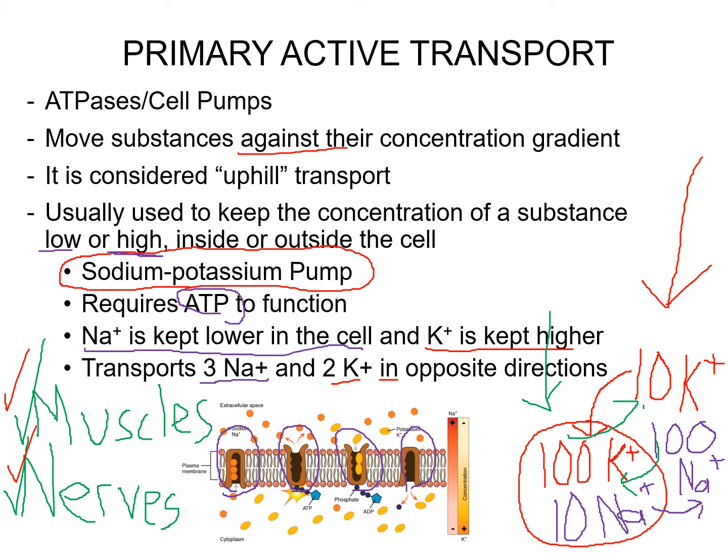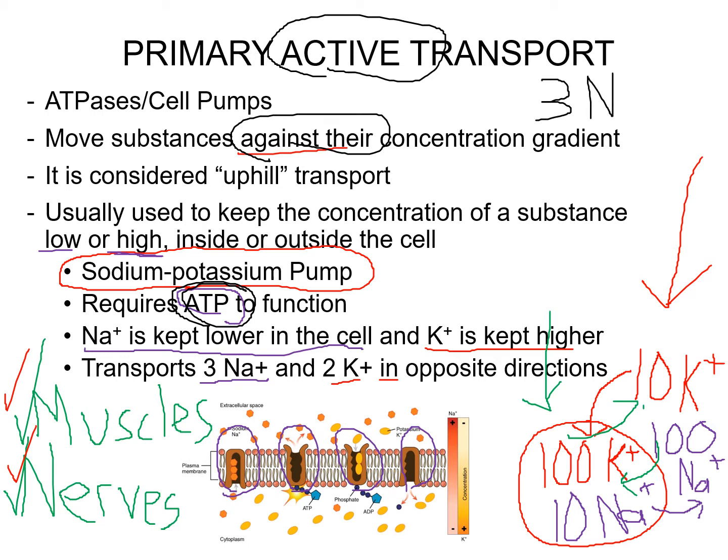So, to summarize all this information that we just talked about, this is an active transport. What that means is we're going against the grain, and because we're going against the grain, we need ATP to accomplish this. What we're doing from a cellular standpoint is kicking 3 sodiums out of the cell. Meanwhile, we're bringing in 2 potassiums.